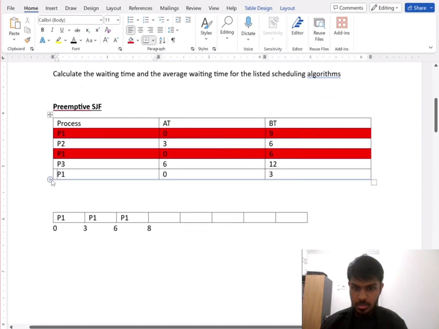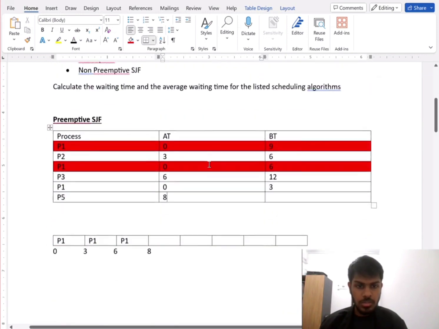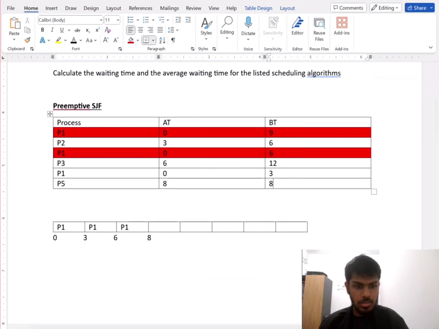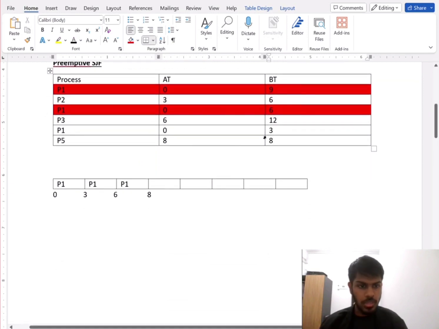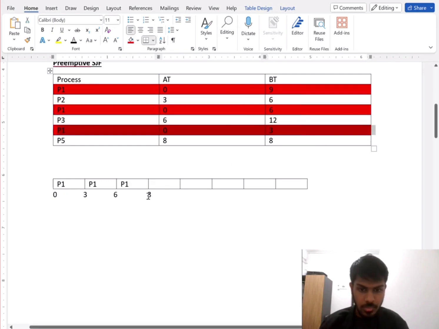P5, arrival time 8, and burst time is 8. And then we have to subtract: 8 minus 6 is 2, thus 3 minus 2 is 1.